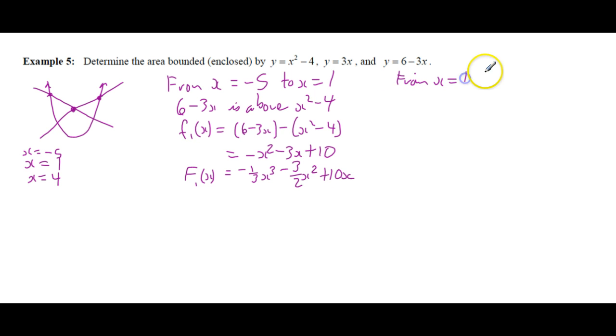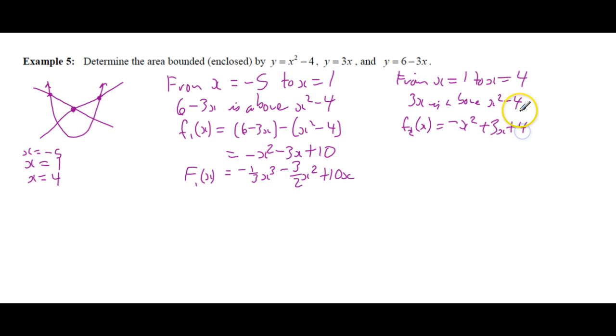And from x equals 1 to x equals 4, 3x is above x squared minus 4, giving us f2 of x is equal to negative x squared plus 3x plus 4.